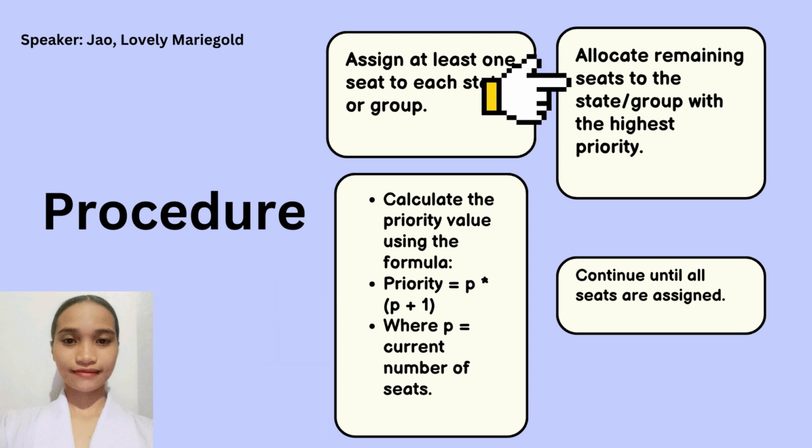Third, allocate the remaining seats one by one to the state or group with the highest priority value, updating the priority values after each allocation. Fourth, continue the process until all seats have been allocated.